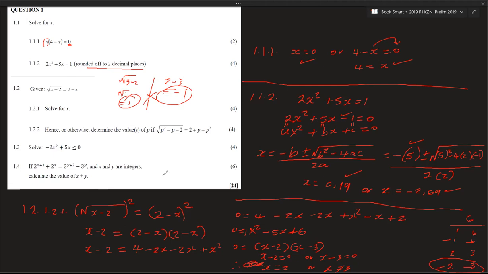Perfect. Now let's answer this one here. If you see the word hence in a mathematics question, or sometimes otherwise, what they're actually saying is this. You have to use this question because these two questions are somehow linked.